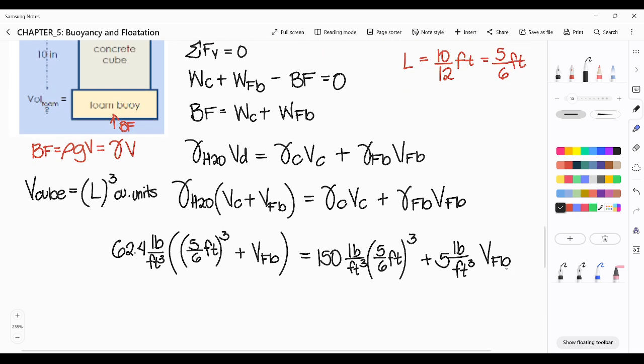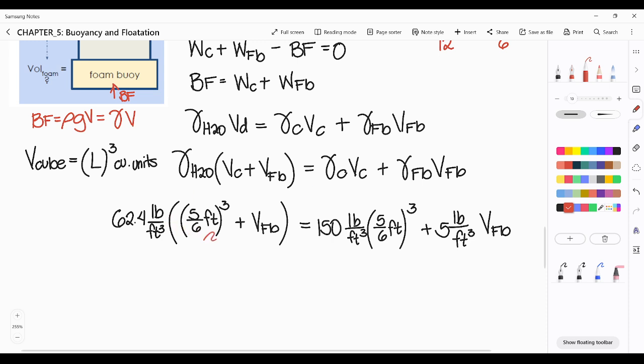And as you can see here, mga kasama, we are left with a linear equation with one missing variable, which is the volume of the foam buoy.